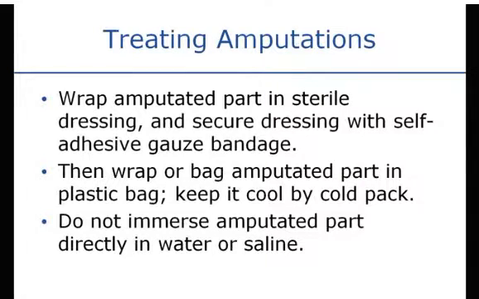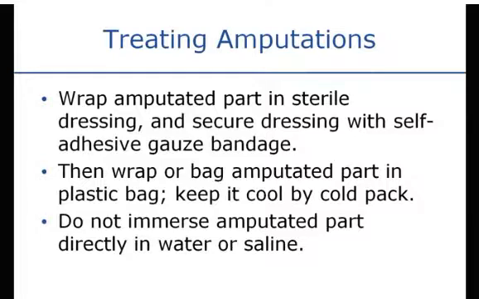If the amputated part can be recovered, you want to wrap that in the sterile dressing and secure it. Put the amputated part in a bag and then put that bag in a cool, cold place.